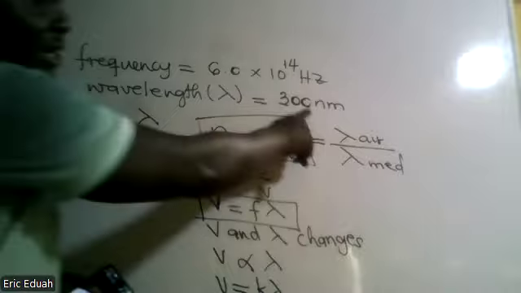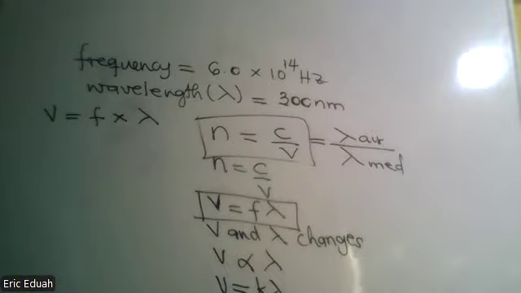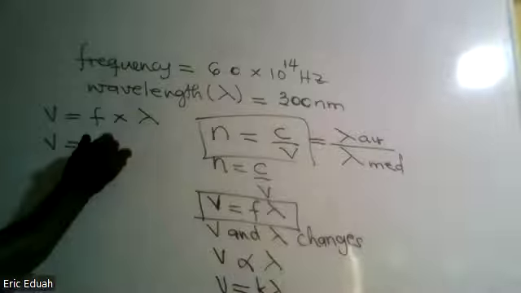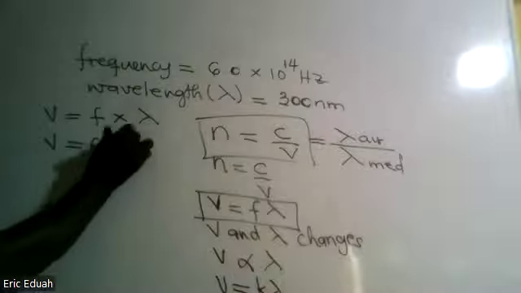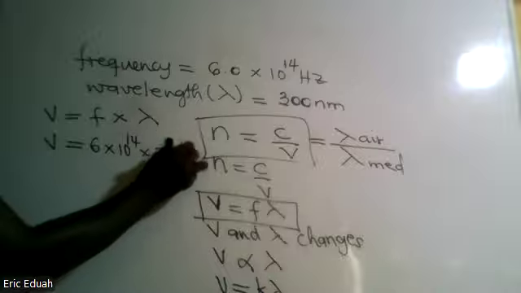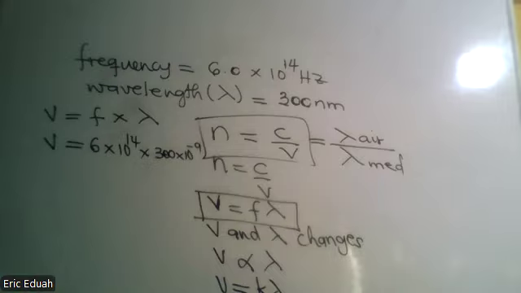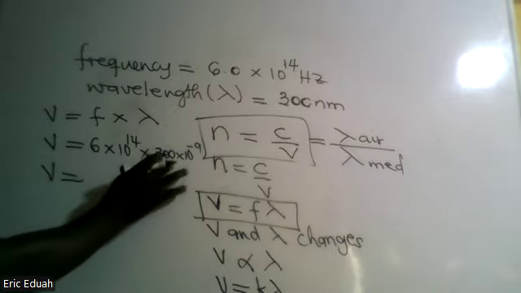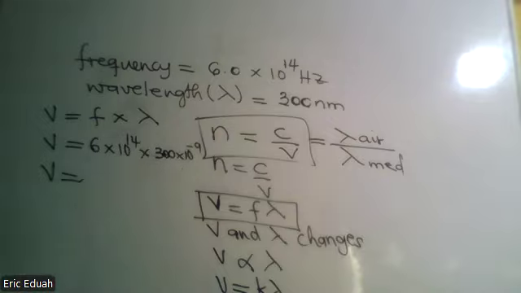So the 300 nanometers is the wavelength of light in the medium. Therefore, the velocity would be equal to the frequency times wavelength, 300 times 10 to the power -9. Nano is -9. Multiplying frequency by wavelength gives us the velocity of light in the medium.